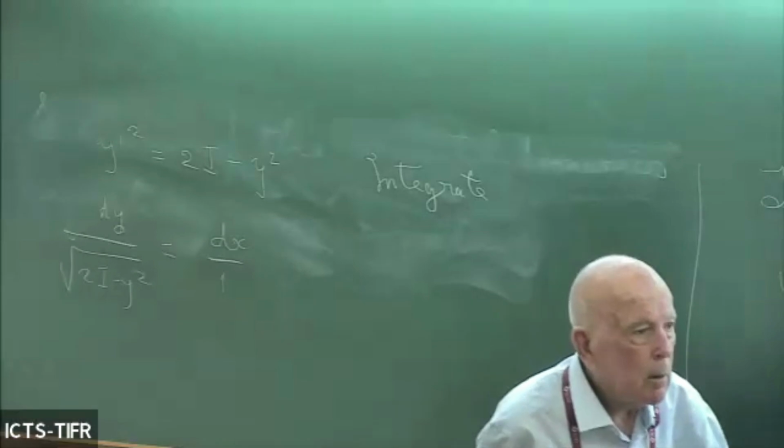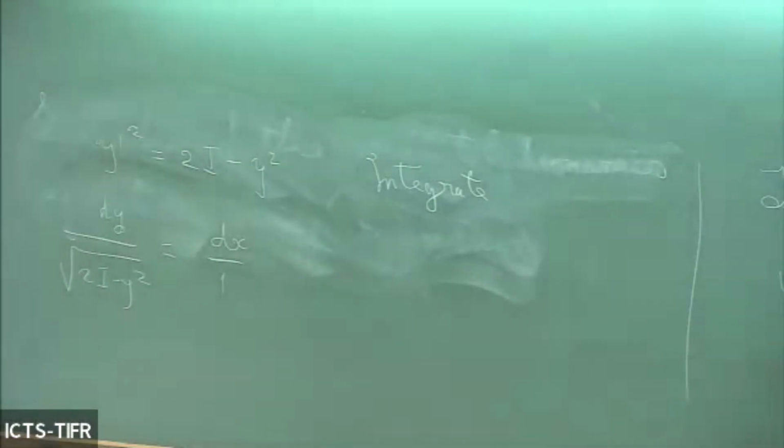Sorry, someone said? It should have a plus sign. Y prime squared is 2i plus y squared.